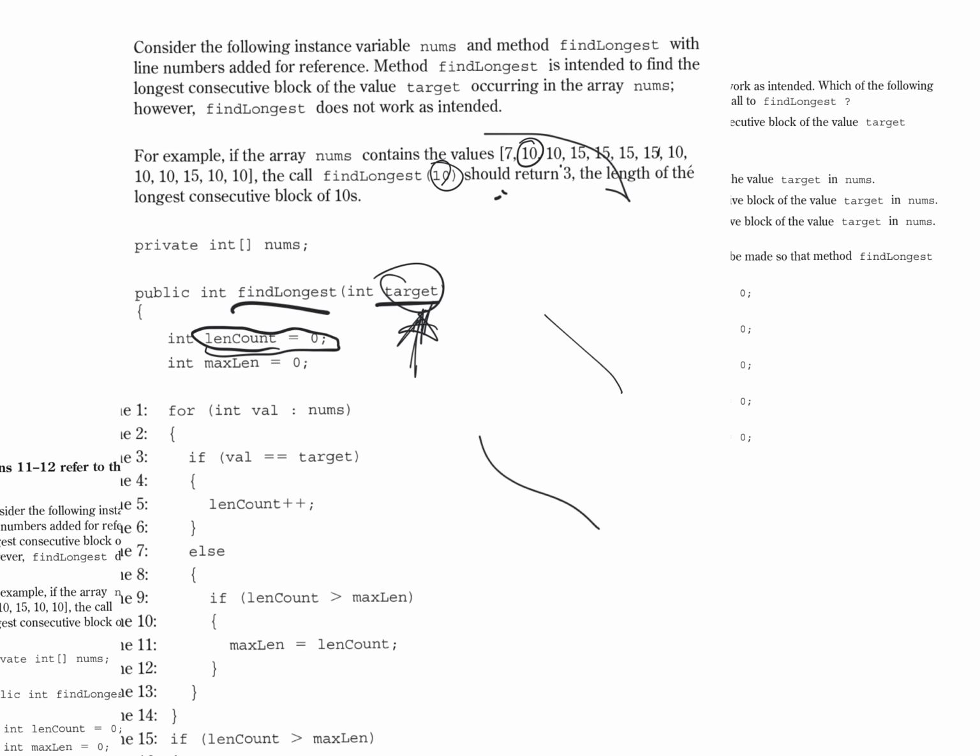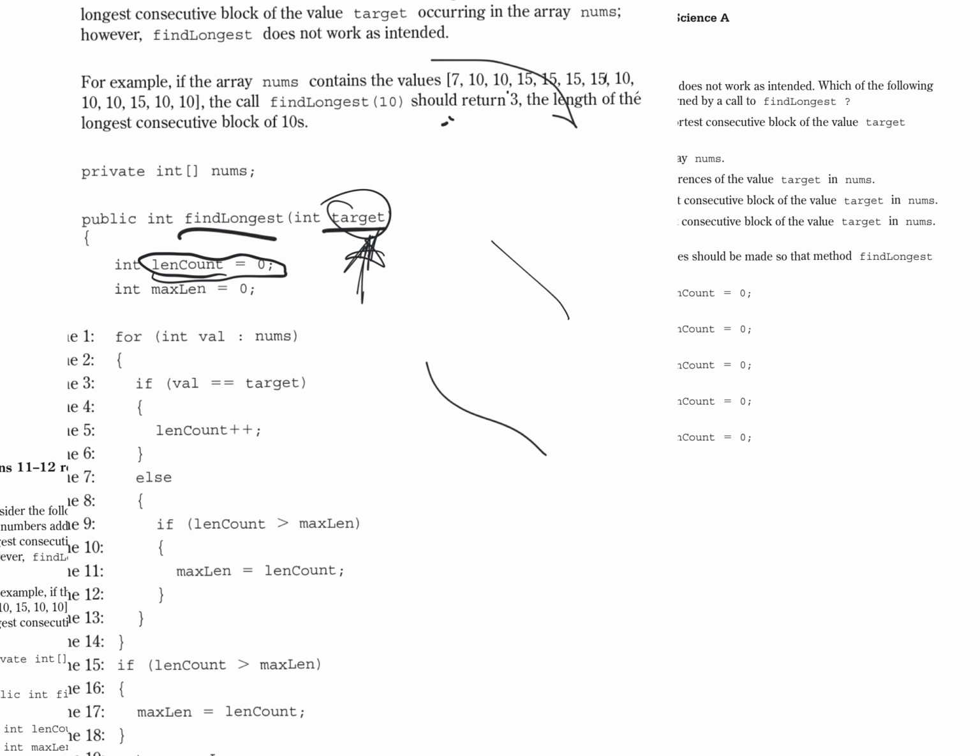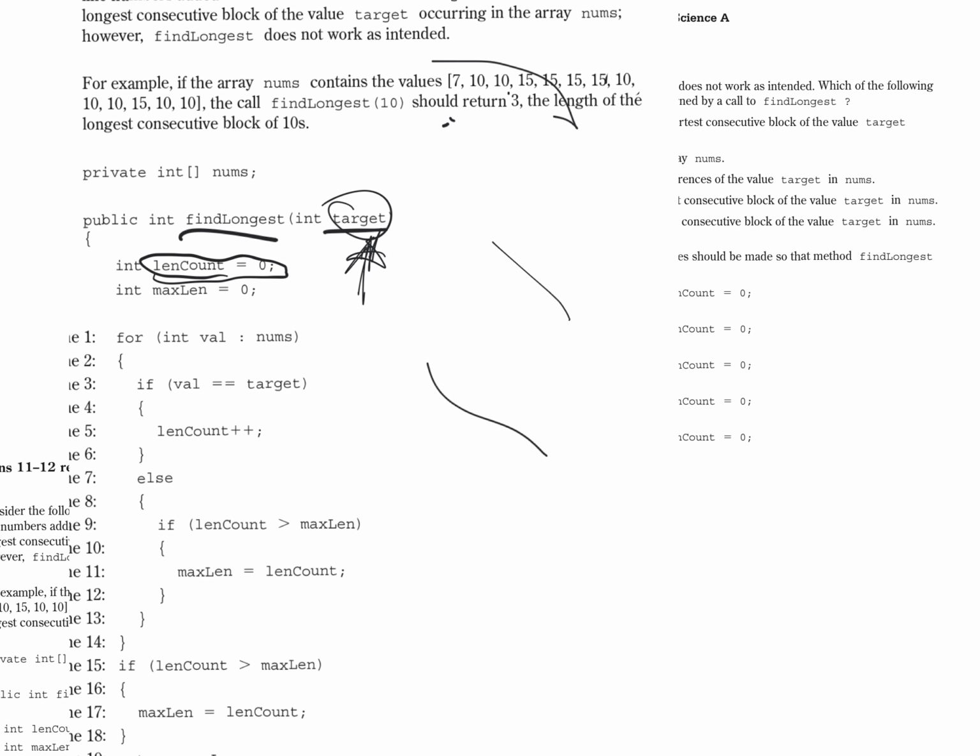You find it here, and as long as I keep on finding 10s, I should keep a count. But as soon as I find a number, in this case 15, that is not the number we're looking for, I'm going to reset my count. And if 2 is higher than my total maximum, then you should keep track of 2 as your largest consecutive block so far.